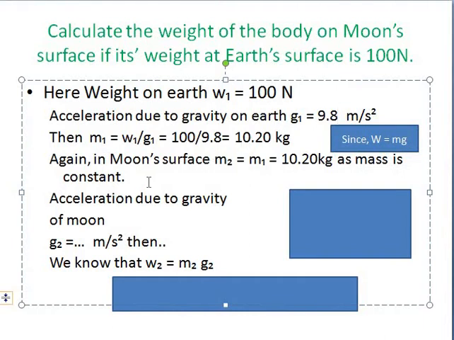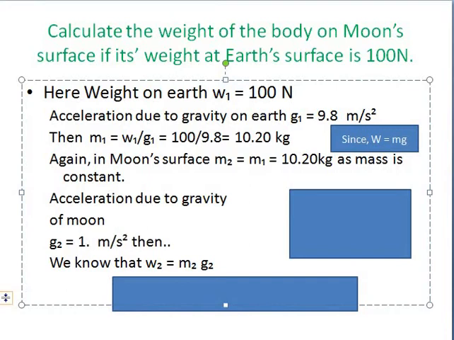Now, on the Moon surface, the mass remains constant, as you know that when we take a plane from Earth to Moon, there's no change in mass. So m1 and m2 are the same. On the Moon surface, the mass of that body is m2, which is 10.2 kg as mass is constant. Now acceleration due to gravity of Moon is g2. Do you remember the value of acceleration due to gravity of Moon?